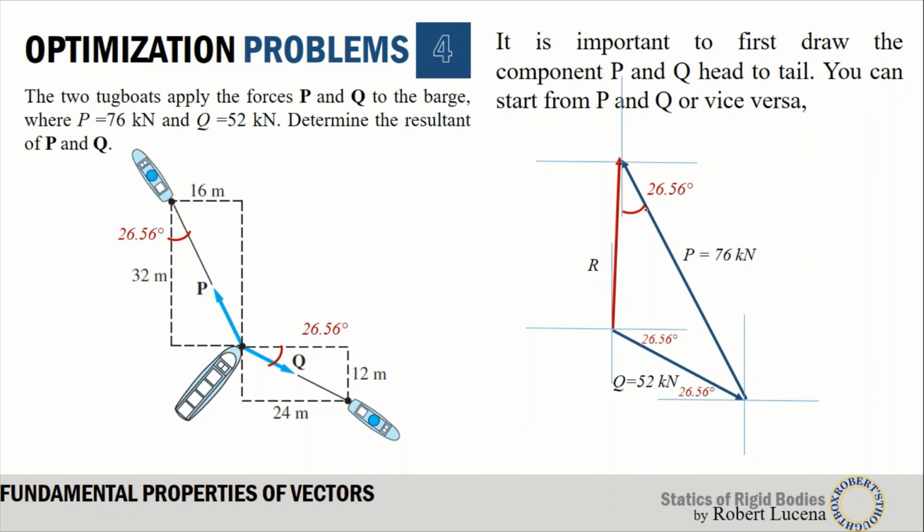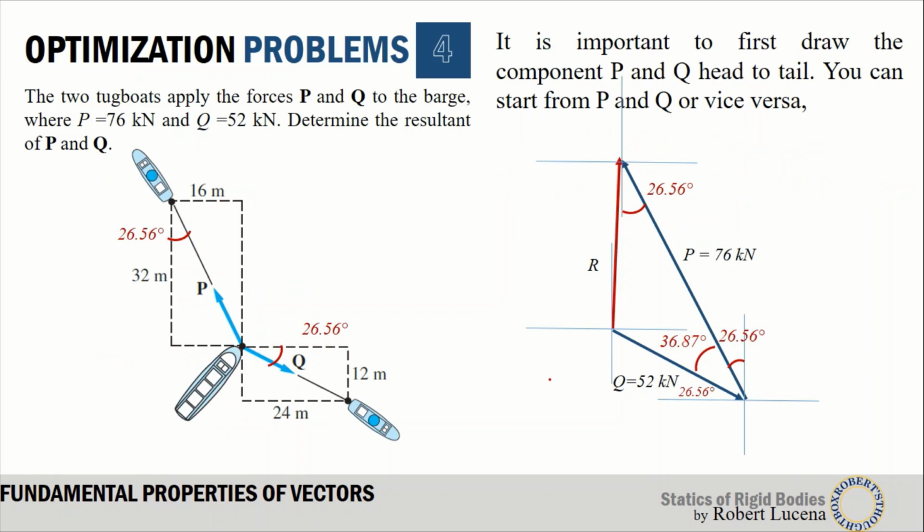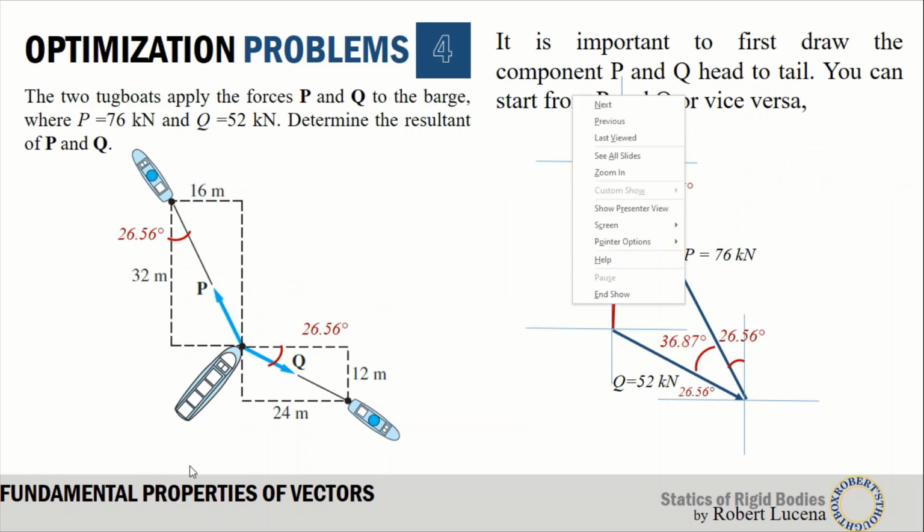So that is 26.56. Therefore, this angle is also 26.56. Now, to have a right angle here, since this y-axis and x-axis are orthogonal, therefore the angle in between P and Q is 36.87.